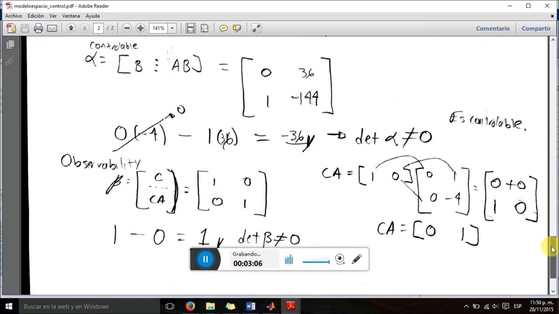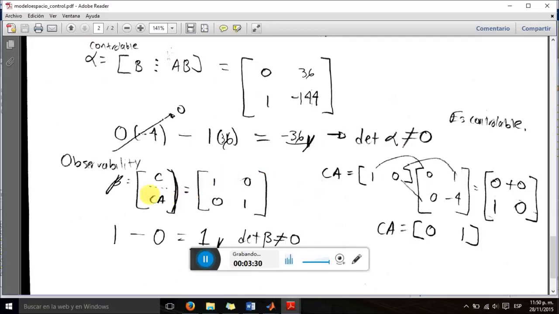For the observability, we just concatenate again some matrices, but in this way. So we perform the multiplication of the matrices C times A, again with the condition of the multiplicity n minus 1.